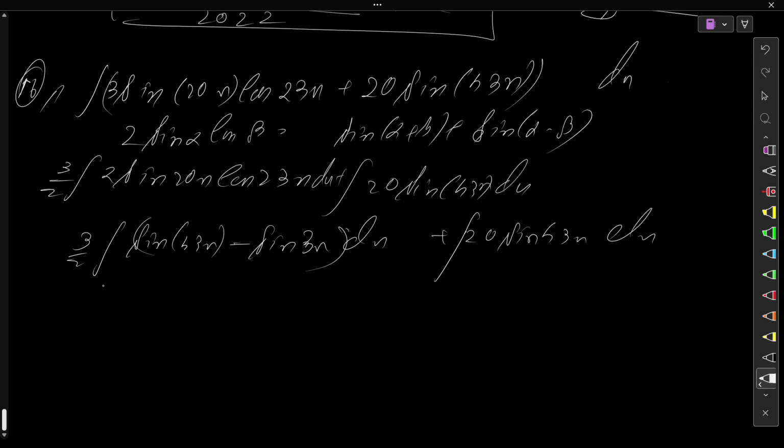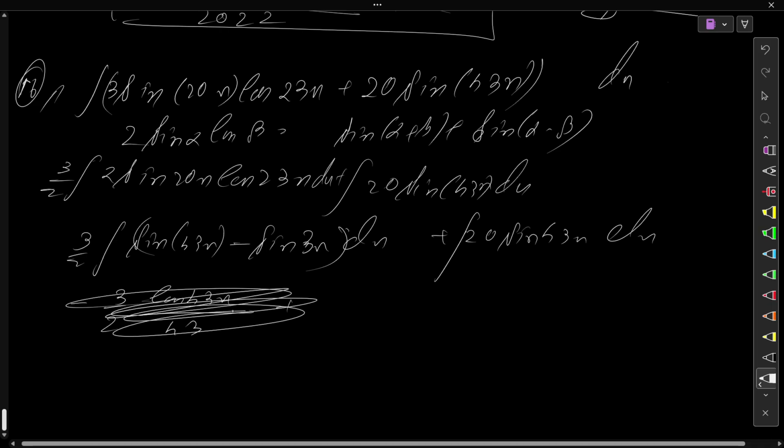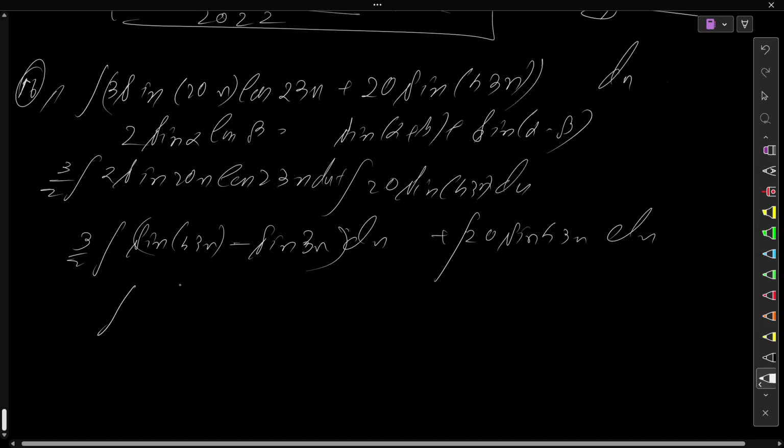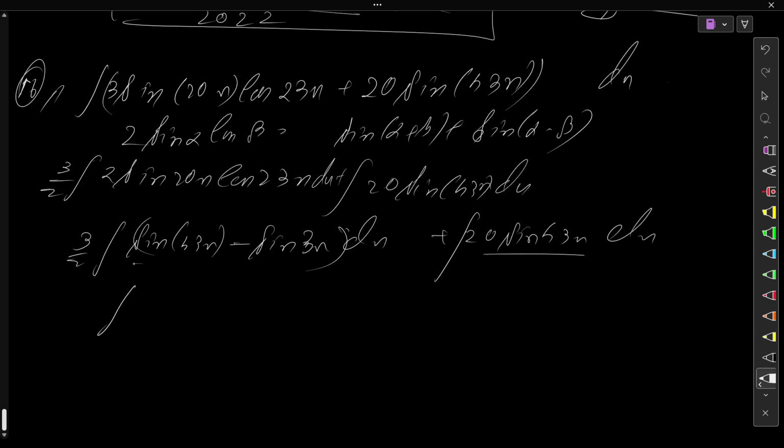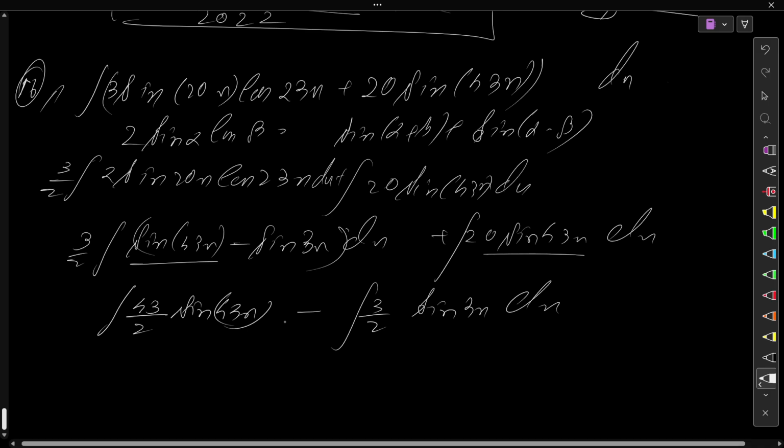And if I evaluate the integral, I'll get 3 by 2 times minus cos of 43x divided by 43 plus 1 by 3. One thing I can do to make the calculation even faster is directly see sine 43 and sine 43. So this will become 43 by 2 sine of 43x minus 3 by 2 sine of 3x dx, and I'll evaluate the integral.